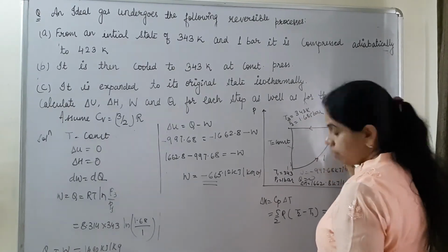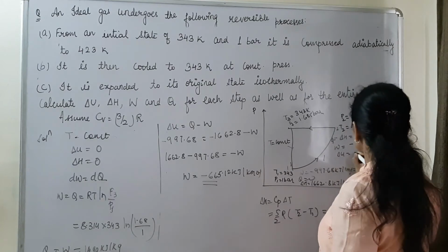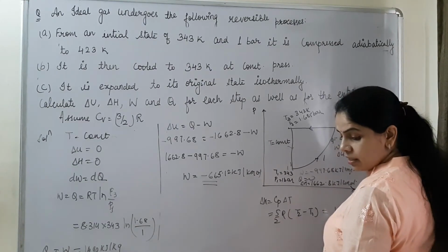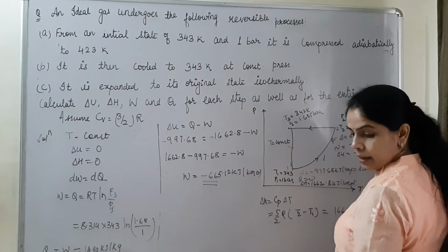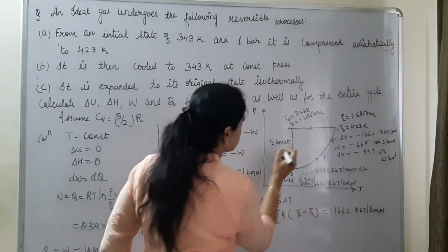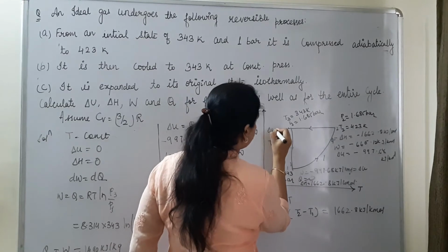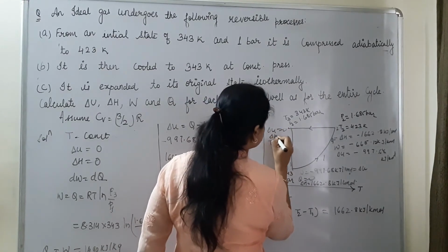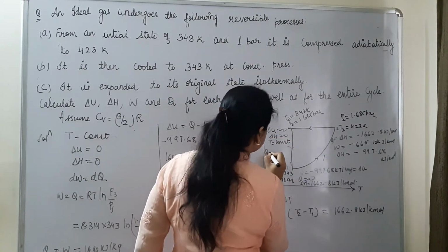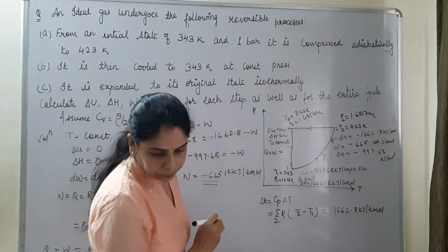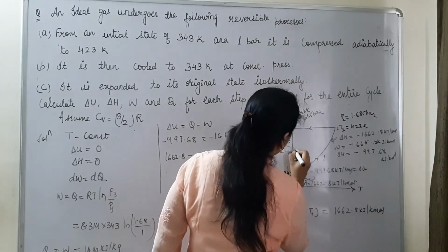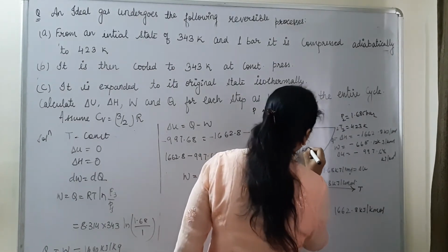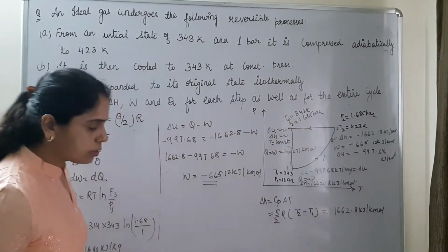Then delta U is minus 997.68 kilojoule per kilomole. And for the last process, the isothermal process, delta U is 0, delta H is 0, and Q equals W equals 1490 kilojoule per kilomole. So now for the overall process, what will you do?